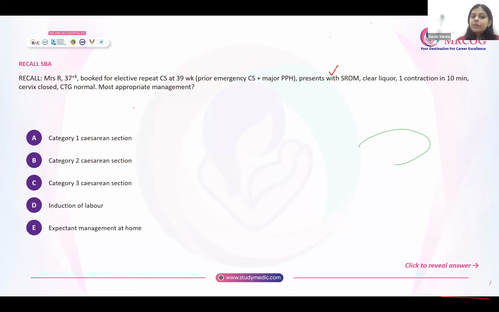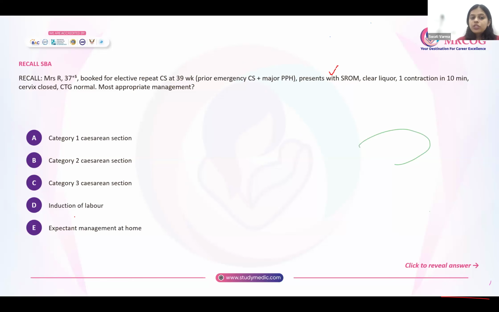Most appropriate management? Her membranes have ruptured, the liquor is clear, and she has gone into labor when she was to be taken up for elective repeat cesarean section. So what will you do?